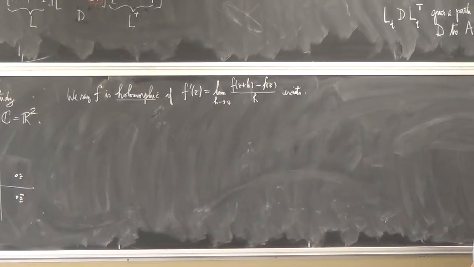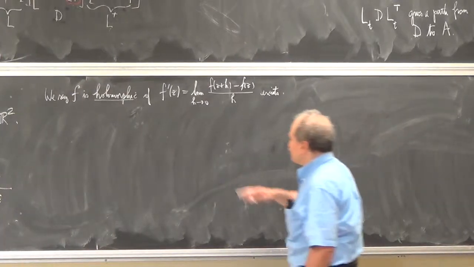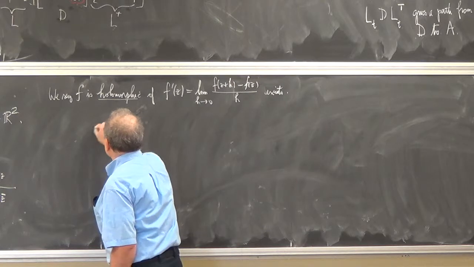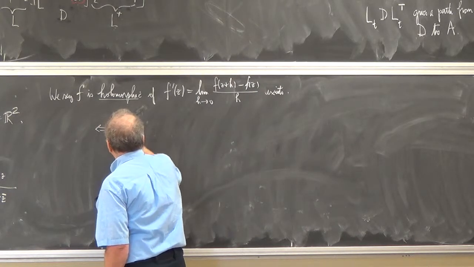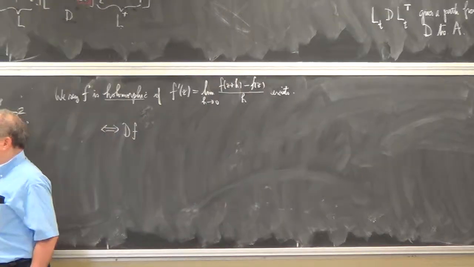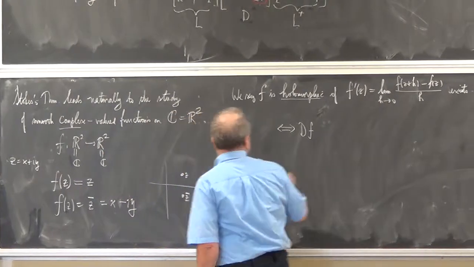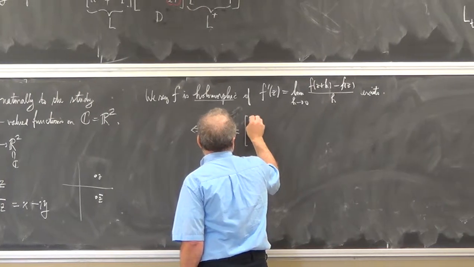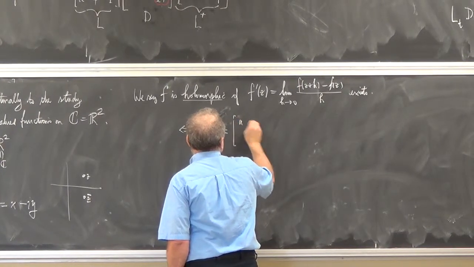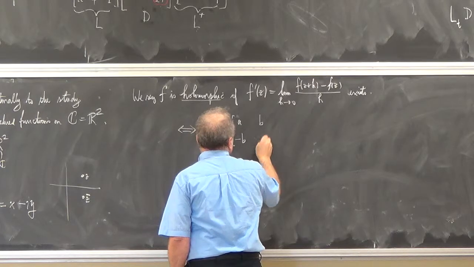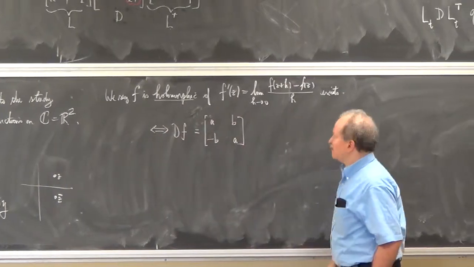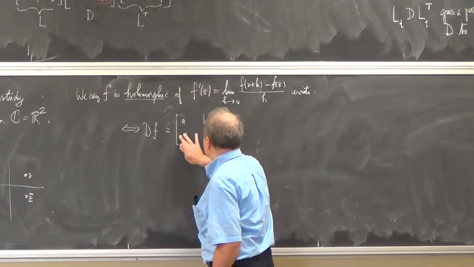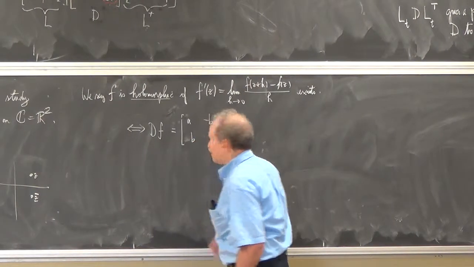What magically happens, and I'm not going to take the time to show you this, I could, it's easy, is this happens if and only if the derivative matrix, thinking of this as a map from R2 to R2, has this form. Skew symmetric? Not skew symmetric. I guess I'll write it this way because then it looks like your homework problem.